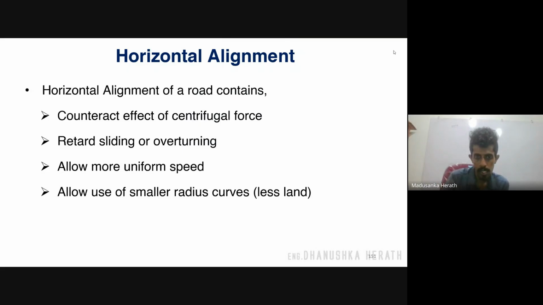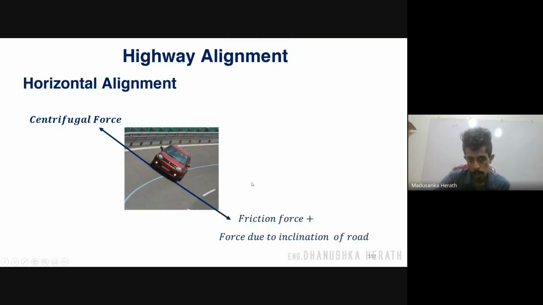If a vehicle is moving in a horizontal curve, there will be a centrifugal force acting on the vehicle outwards, away from the center. Due to that force, this vehicle will move away from the road or away from the curve.